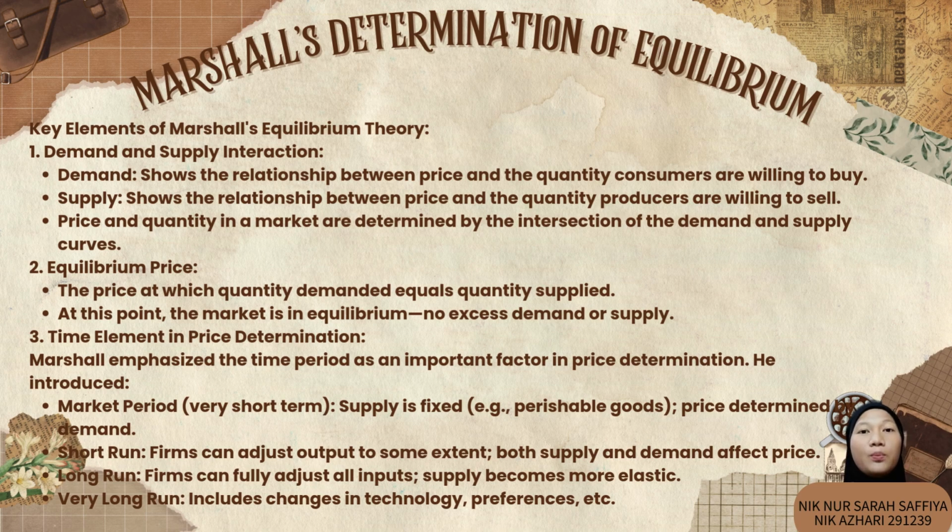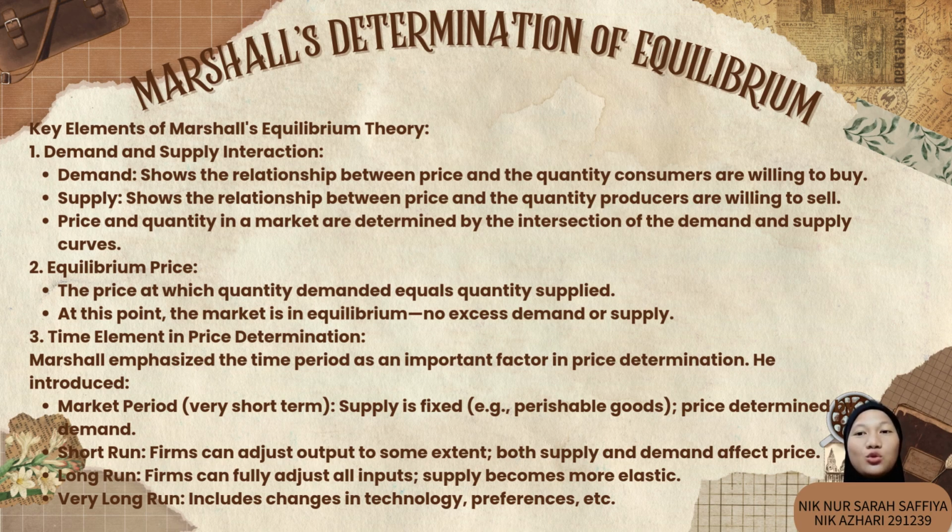Buyers will compete for the limited goods, pushing the price up. This adjustment process continues until the market reaches a stable point where there is no tendency for price to change. This is the equilibrium.